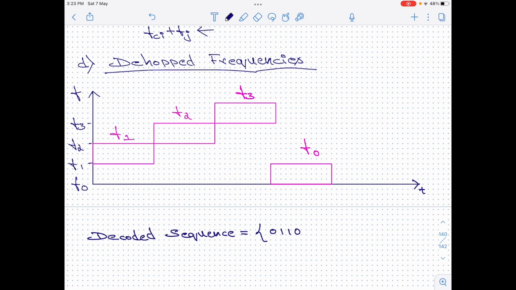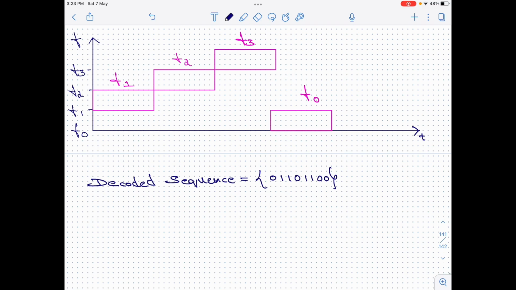Next we have F3. F3 stands for 1, 1. And lastly we have F0. F0 stands for 0, 0. This is our decoded sequence from the de-hopped frequencies. Now compare this with the input binary sequence, which is also exactly equal to 0, 1, 1, 0, 1, 1, 0, 0. So we can conclude that we have illustrated the fast frequency hopped M-FSK transmission as well as reception successfully.